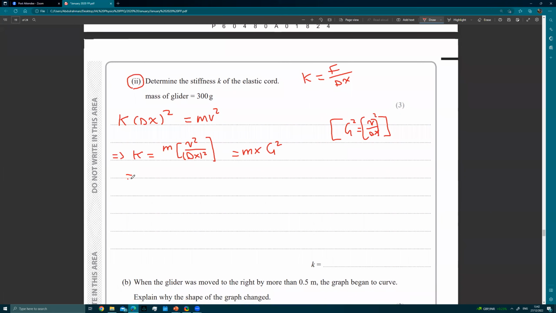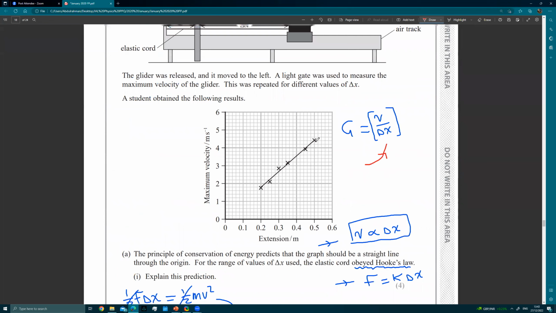So we know the mass is 0.3 kilograms because it's given in grams, and the gradient, we're going to have to work it out. Let's say I'm going to draw my triangle from this point. So it goes from 0.2 to 0.3. So I'm going to say that the length of x, or the base of the triangle, is 0.3.